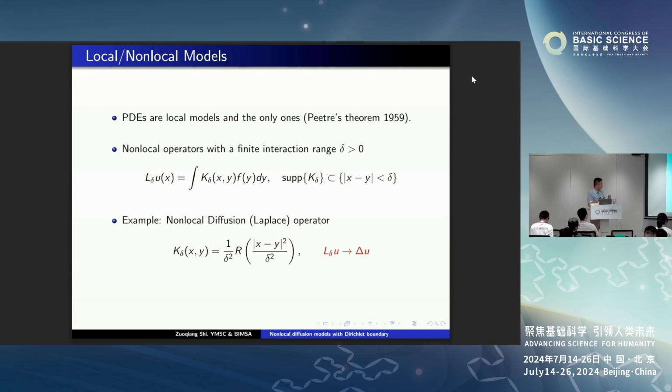Here R is a one-dimensional function, which means that the kernel function is radially symmetric. People can prove that as delta goes to 0, if the kernel is in this form, then this non-local operator converges, in some sense, to the Laplacian operator. So we call the non-local operator with this kind of kernel a non-local diffusion operator, or non-local Laplacian operator. This is the non-local diffusion operator we will talk about in this talk.